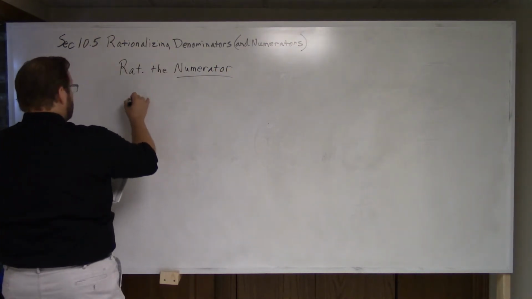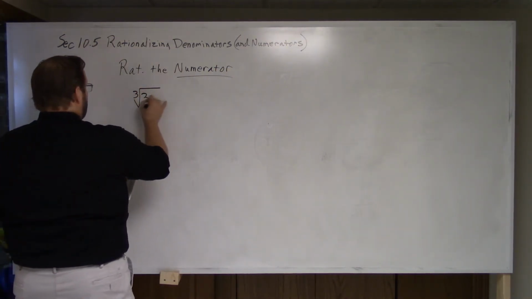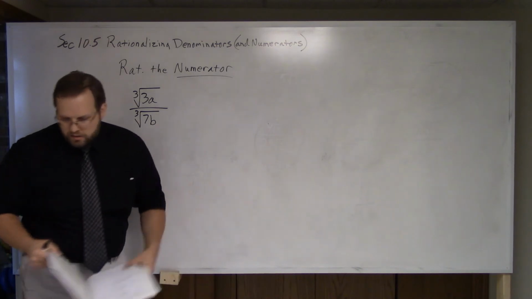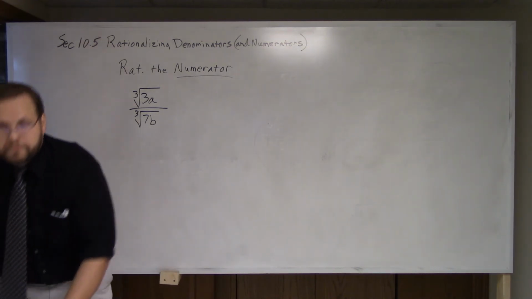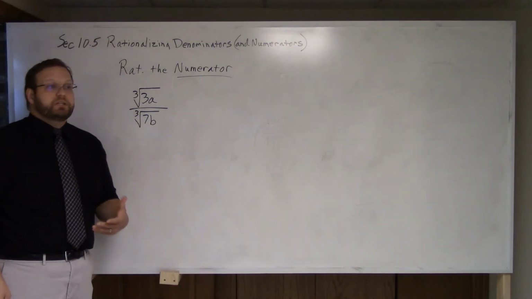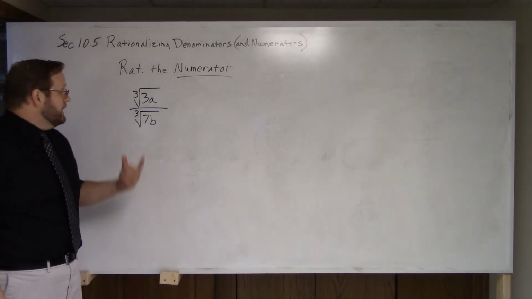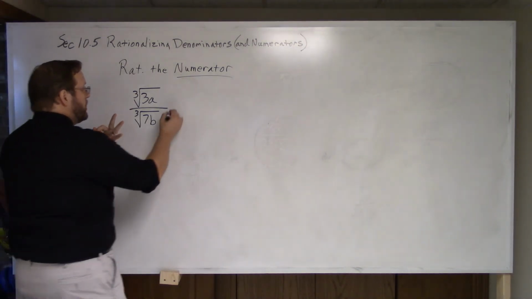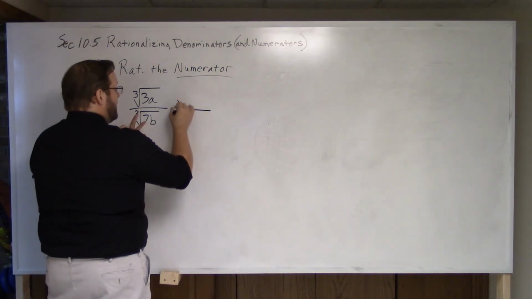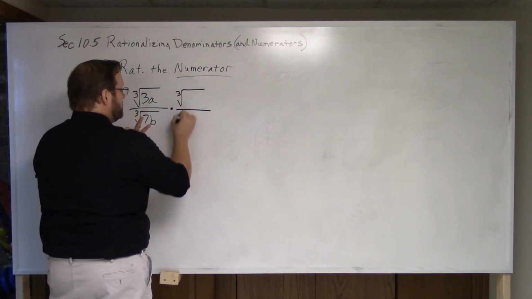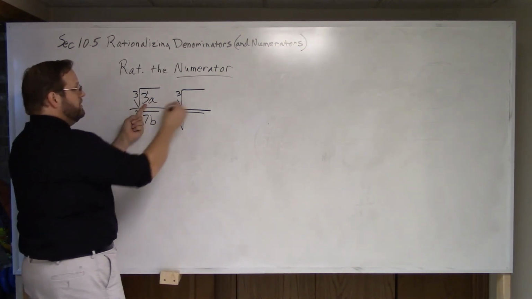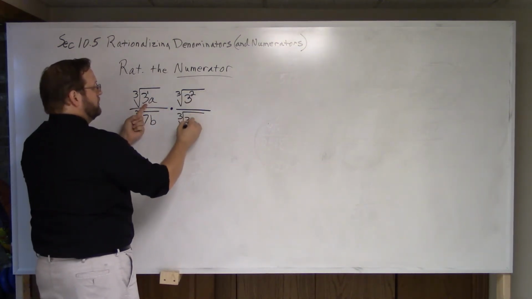And let's say we have cube root of 3a over cube root of 7b. Okay. Now it's the same concept, it's just we're targeting the numerator. In this case we need cube roots, so we're looking for groups of 3. So we're going to multiply top and bottom by the same cube root. And in this case we have 1, 3, so we need 2 more.